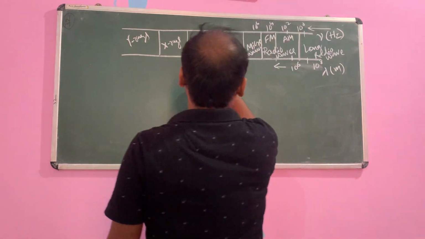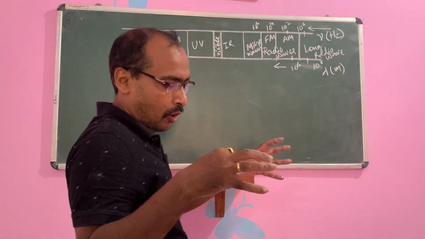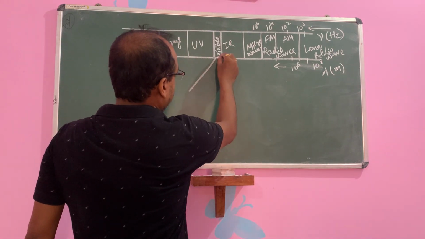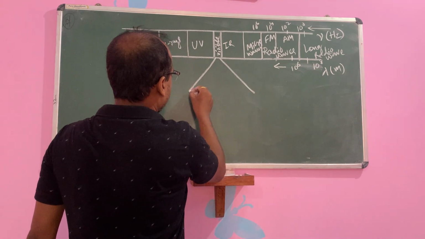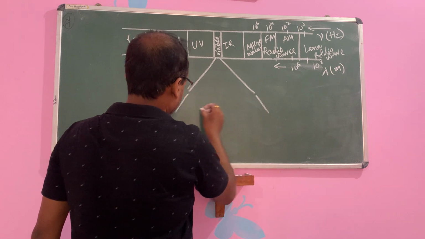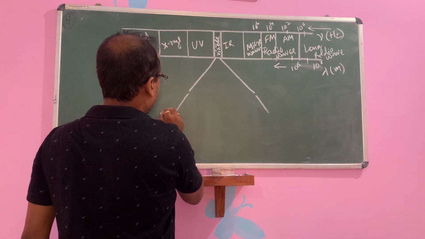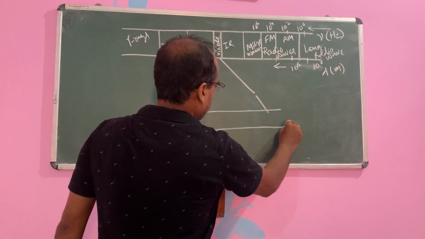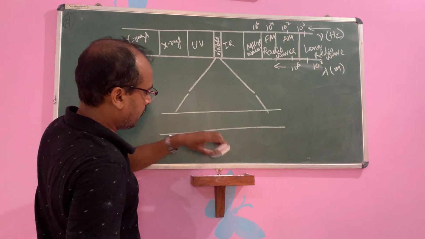So this is the visible region. If we zoom or expand this one, then we will get this. You see, this one is the visible.